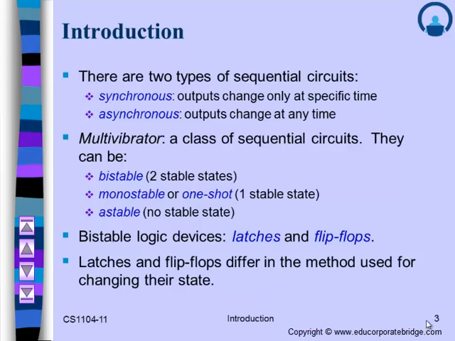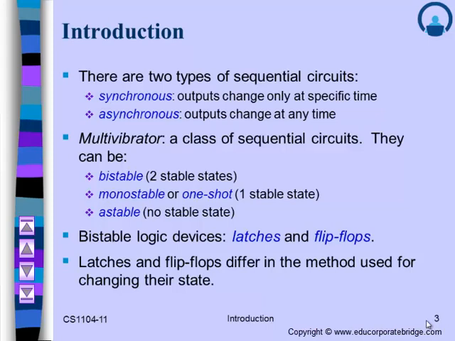Asynchronous sequential circuits are those circuits in which the output changes at any time. That is, an asynchronous sequential circuit doesn't have a common clock. The output of one asynchronous sequential circuit may act as a clock to the other circuit.